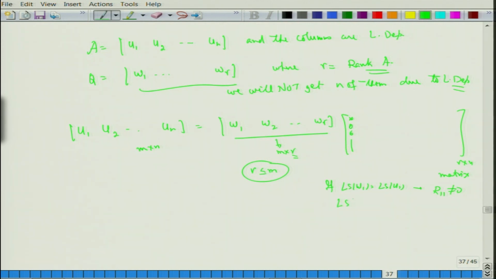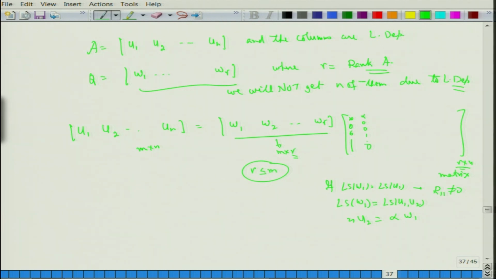So if the linear span of W1 itself is equal to the linear span of U1 and U2, this implies that U2 is equal to some alpha times W1 itself. So I will just get alpha here, and 0 here, 0 here, 0 here. So it will not be an upper triangular matrix since it is not a square matrix, but it will be in upper triangular form. The diagonal entries may be 0 here.